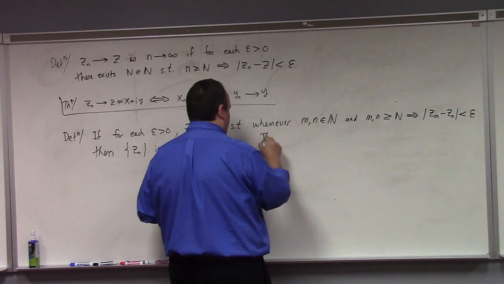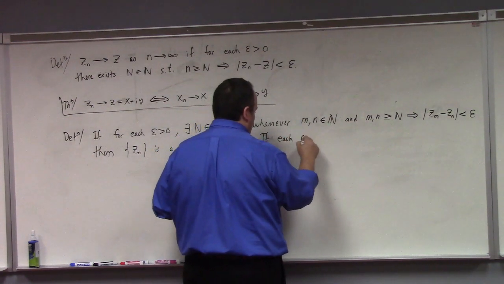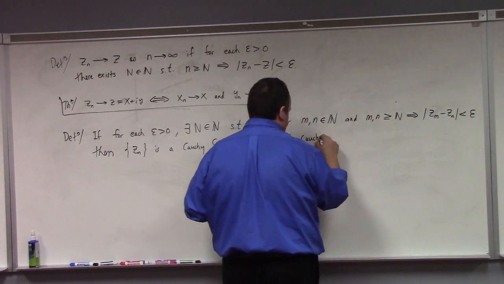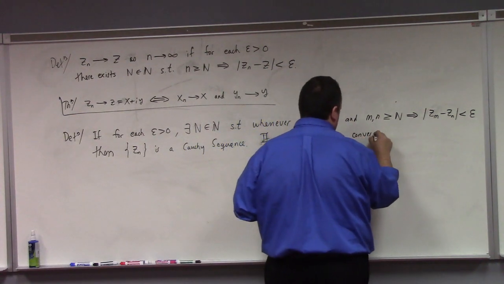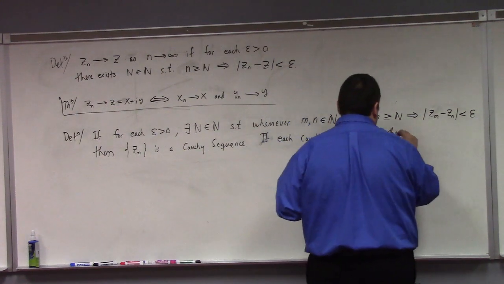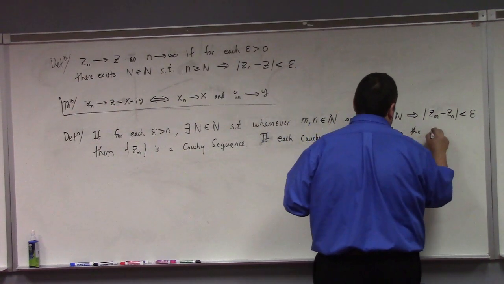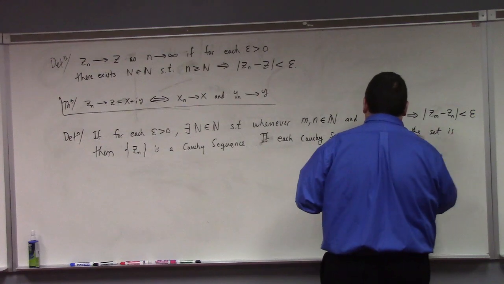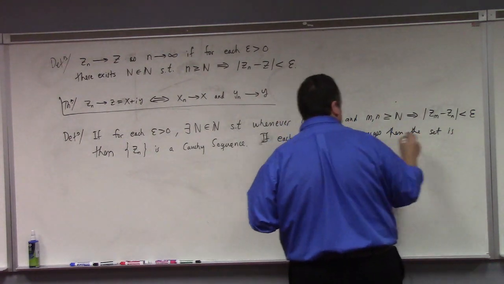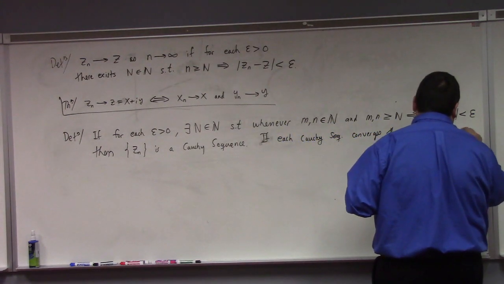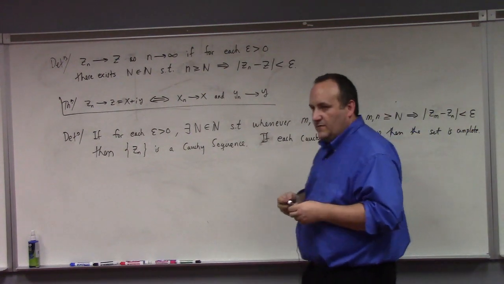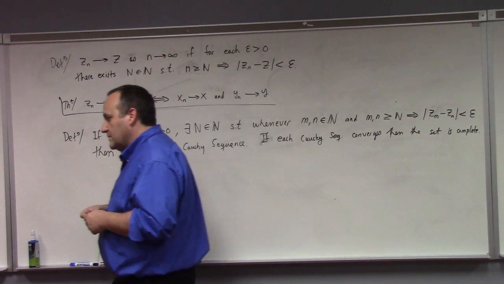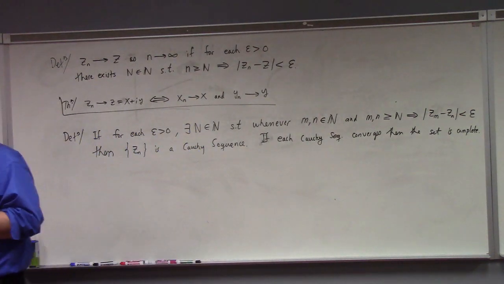If each Cauchy sequence converges, then the set is said to be complete. A complete set is one for which Cauchy implies converges.